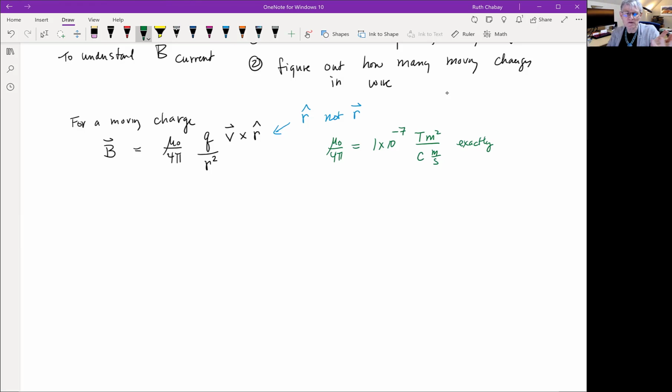Because that's the way the system of units was defined. V is the velocity of the moving charge. R is the vector from the source, the moving charge, to the observation location.